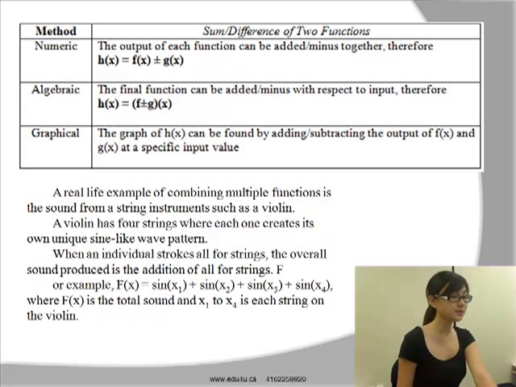Let's call it capital F. So capital F will be equal to sine x1, that's the first string, plus sine x2 of the second string, plus sine x3, that's the third string, plus sine x4, that's the last string. Where capital F of x is the total sound, and f1 to f4 is each string on the violin.